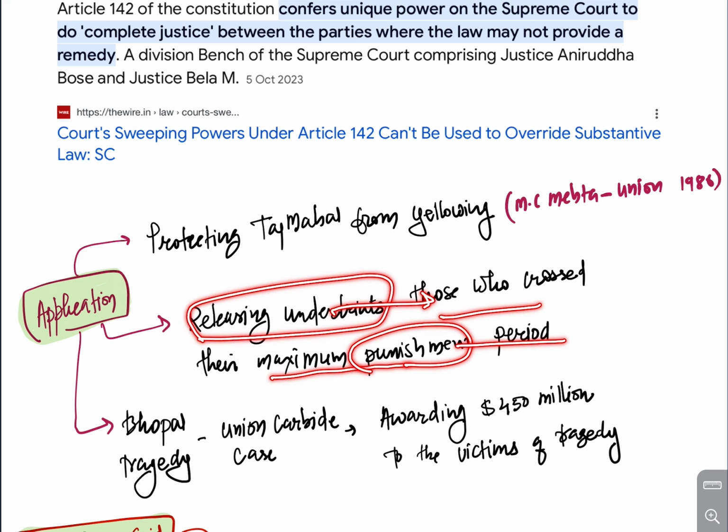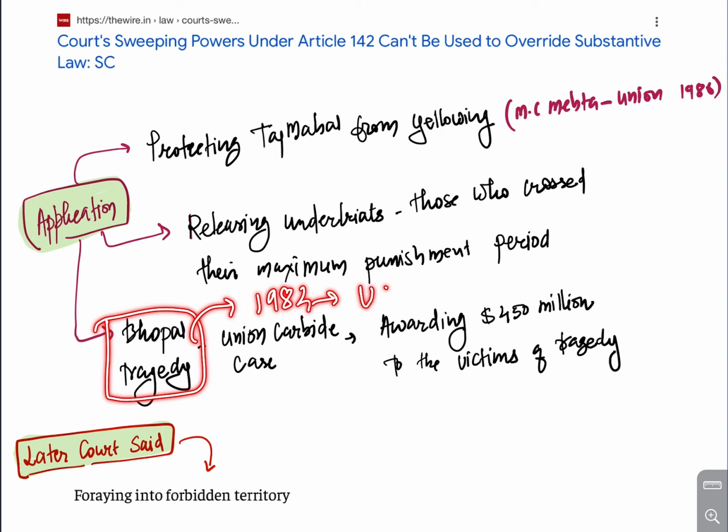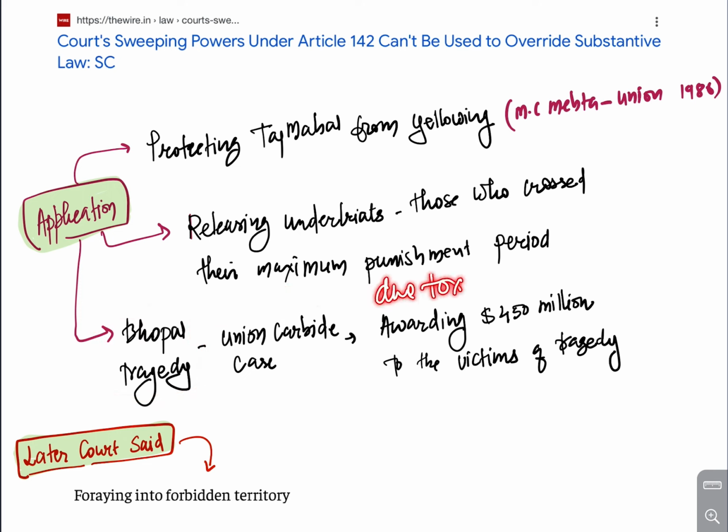The next is the Bhopal tragedy in 1984, where at the Union Carbide factory, due to the release of toxic gas, methyl isocyanate, many people died in that area.